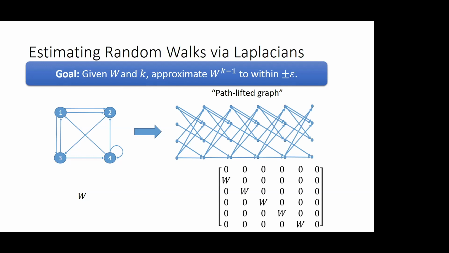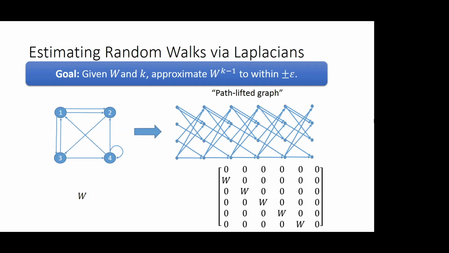And so we can write down the matrix for this graph. Everything we're going to talk about today, we're assuming that the graph is unweighted, or equivalently everything has weight 1, and that it is a regular graph, and that we've normalized things so that the adjacency matrix of the graph is the walk matrix.